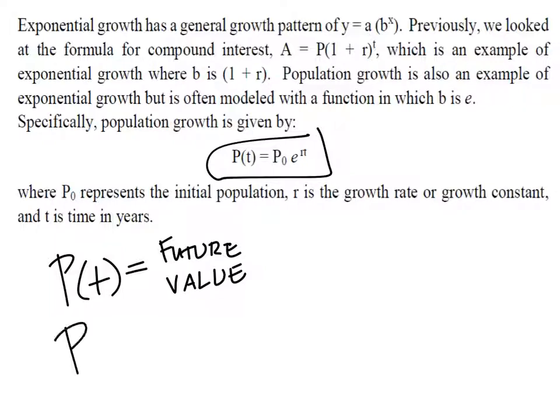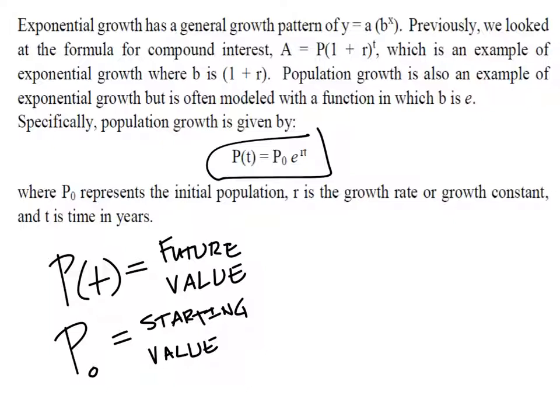And whenever we see any sub-zero values like this one, not sub-zero as in below zero temperature, and that's not a base either, it's just telling us that's an initial value or a starting value. Or again, they said initial population.